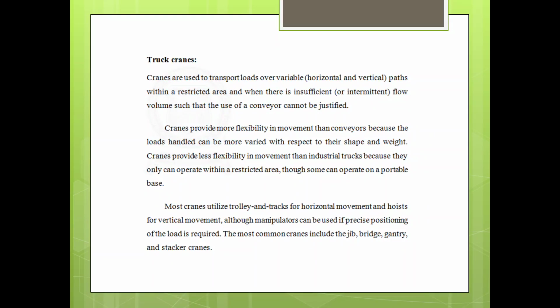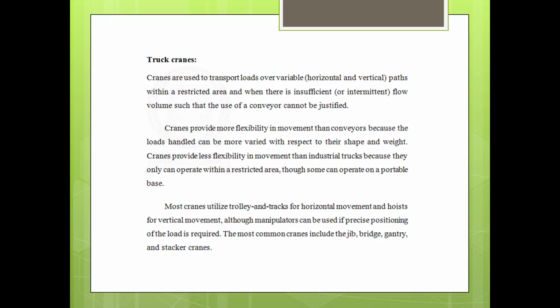Truck cranes. Cranes are used to transport loads over variable paths within a restricted area, and when there is insufficient flow volume such that use of a conveyor cannot be justified. Cranes provide more flexibility in movements than conveyors because the loads handled can be more varied with respect to their shape and weight.